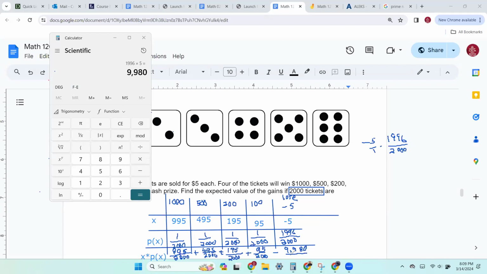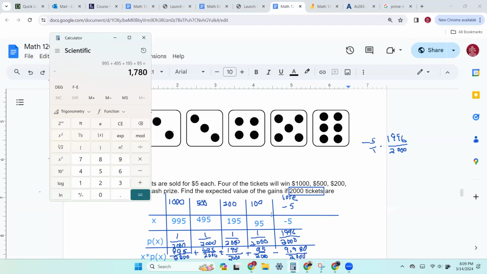Over 2,000. Now, this is not that bad of a fraction because it's all got the same denominator. So if we add all of the same denominator, we just got to add up the numerator. In the numerator, we got 995 plus 495 plus 195 plus 95.